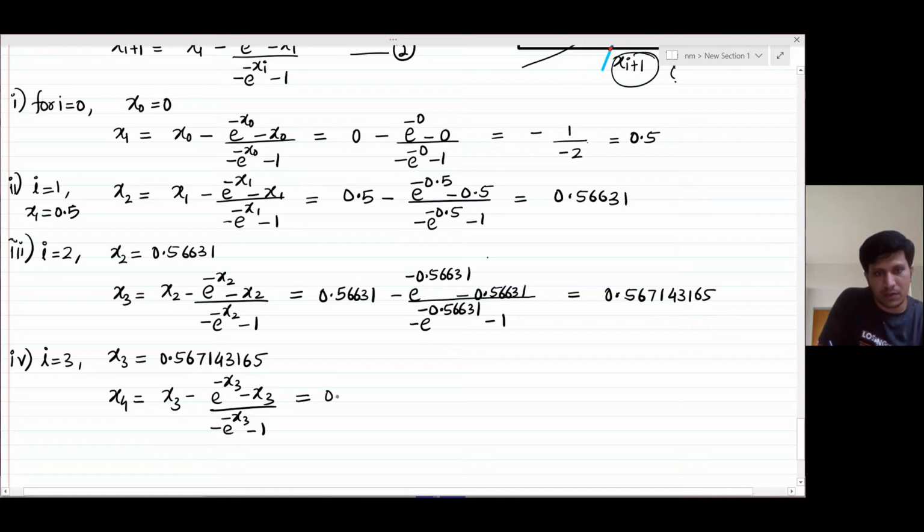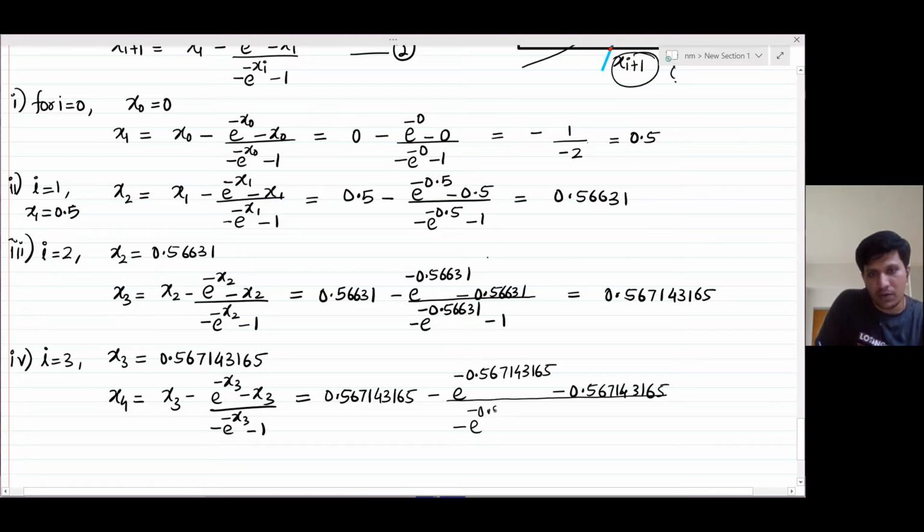Put the x3 value, that is 0.56714365 minus (e raised to minus 0.56714365 minus 0.56714365) divided by (minus e raised to minus 0.56714365 minus 1), and x4 comes out to be 0.56714390.